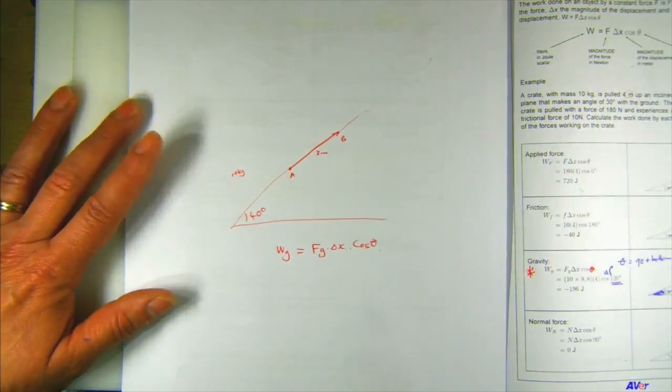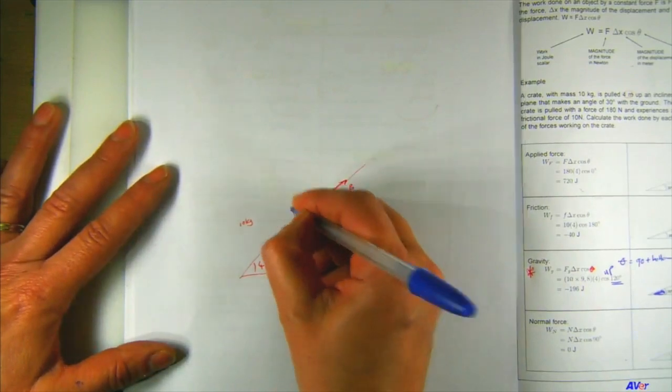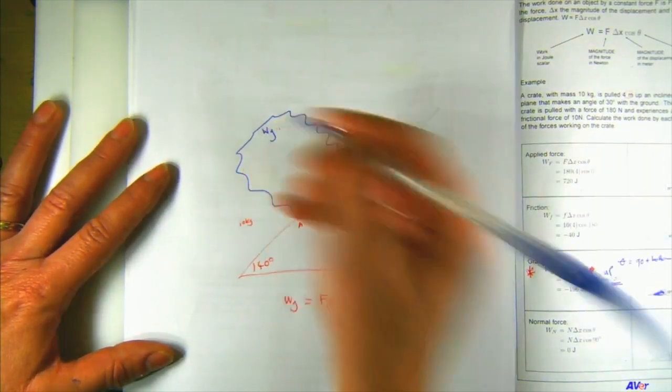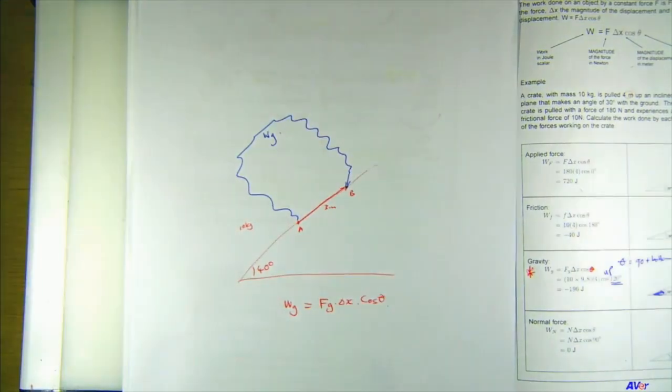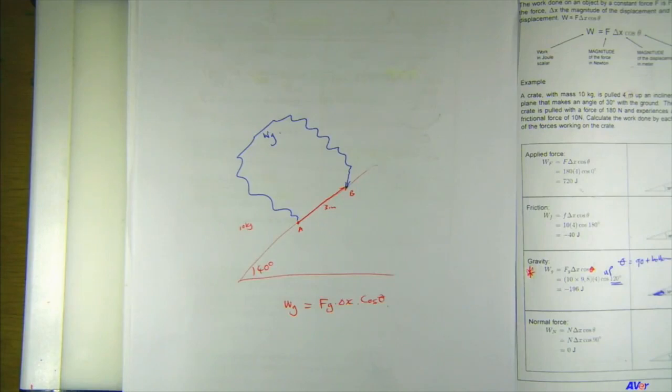But what are you going to do if I tell you to calculate the work done by gravity when I move the box like this? Is it a problem? Gee, if I had to work out every single little bit, that would be a problem. But what do we know about gravity? Gravity is a conservative force. And what does that mean?